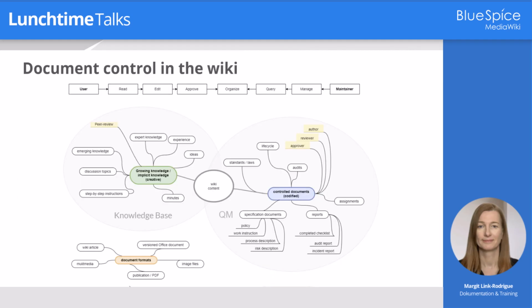So first of all, the context of document control in the wiki. This looks like a lot of things to look at the same time, but I really like this graphic here because it explains in a nutshell the strengths of a wiki. On the one hand, you have on the left the knowledge base. That's the typical use of a wiki.